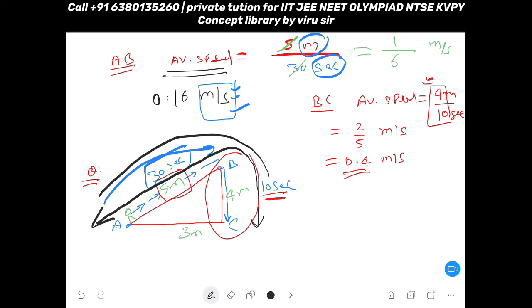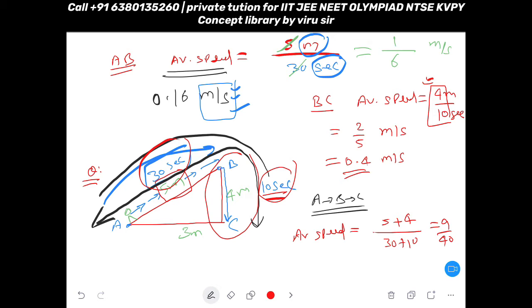If you are taking the total, then your average speed is going to be 9, because it is 5 plus 4, A to B 5 and B to C 4. Now divide by 30 plus 10, which is 40. So it is nothing but 9 by 40. Again meter per second will be your answer. So 9 by 40 meter per second.